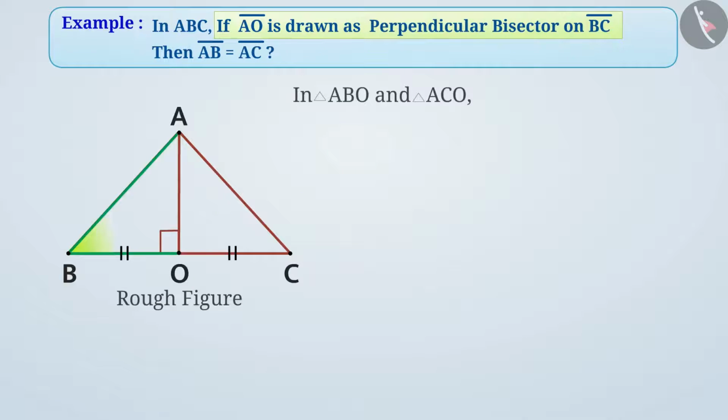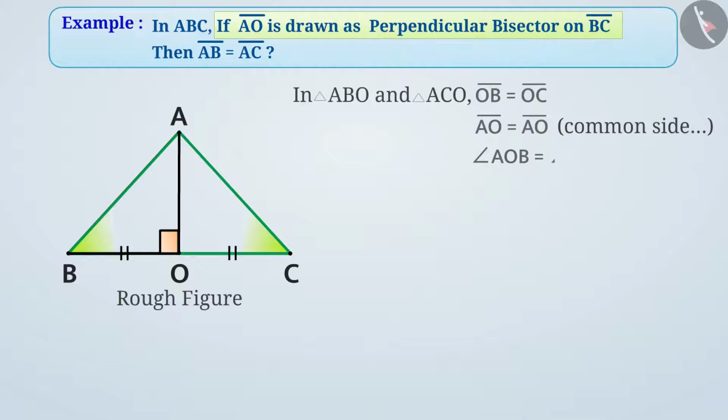In triangle ABO and triangle ACO, we can see that OB is equal to OC because O is the midpoint of BC. AO is equal to AO because it is the common side of triangle ABO and triangle ACO. Angle AOB is equal to angle AOC is equal to 90 degrees because AO is perpendicular bisector of line segment BC.